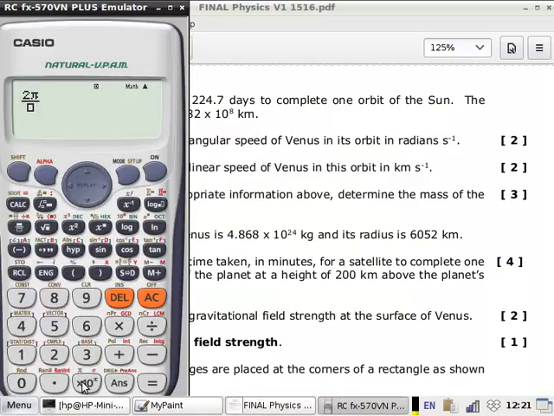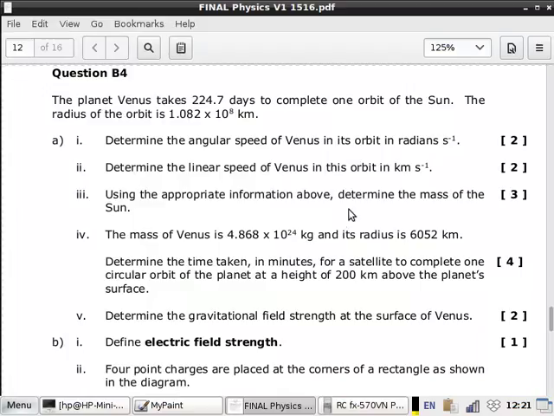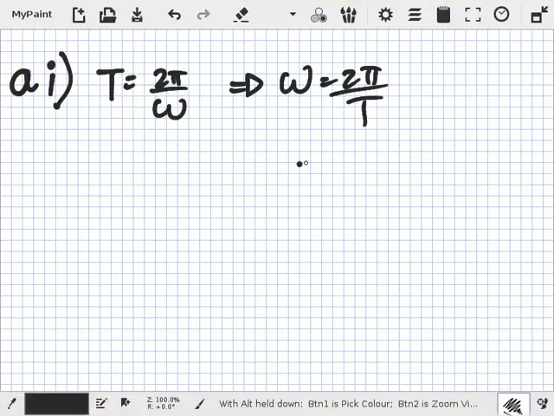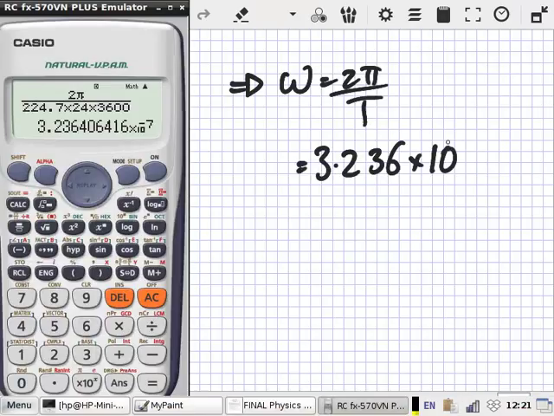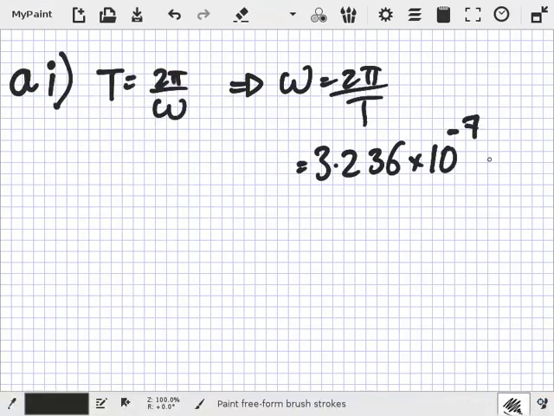Yes. 3.236. The question wants it per second. Yeah, that's what I just did. What did we use for the time? I put it into seconds.